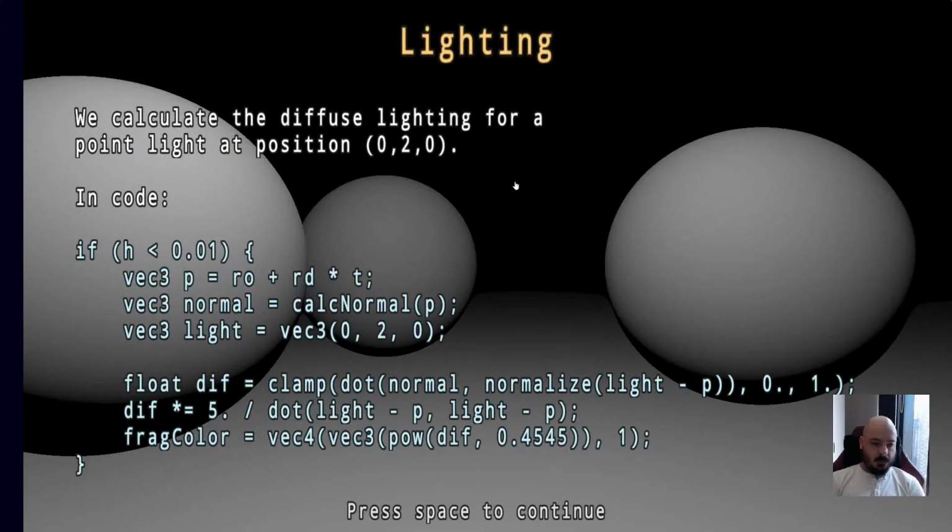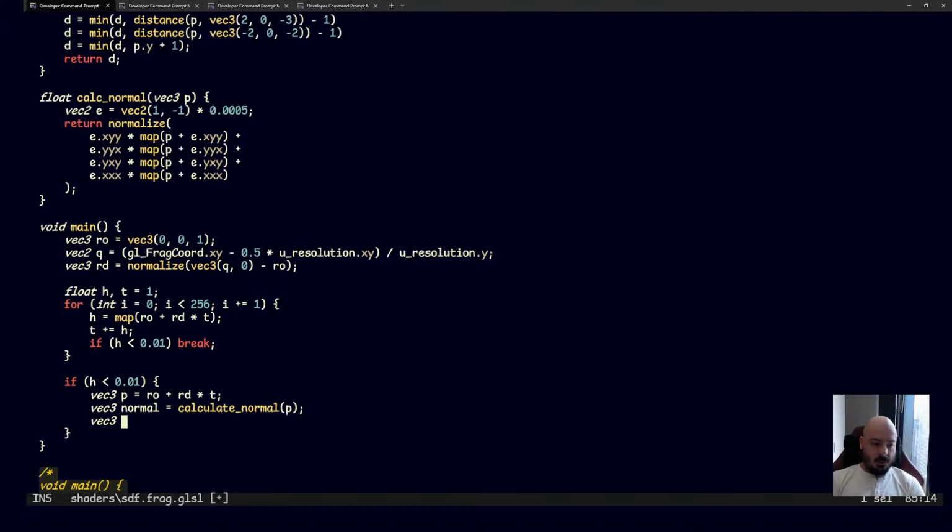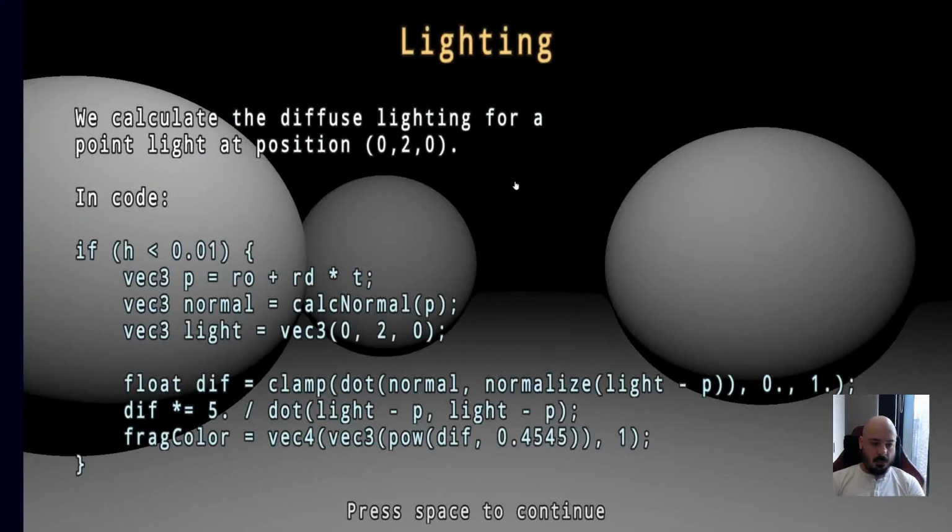Based on the position, we set up a light, which is going to be 0, 2, 0. Now we get the dot product of the normal and the direction to the light. That gives us how shiny it's going to be.